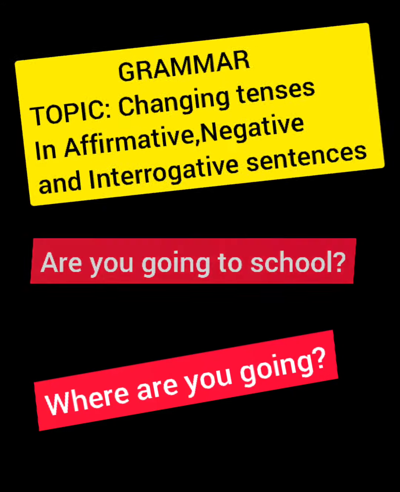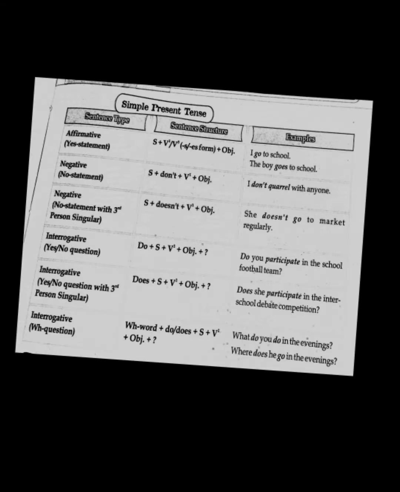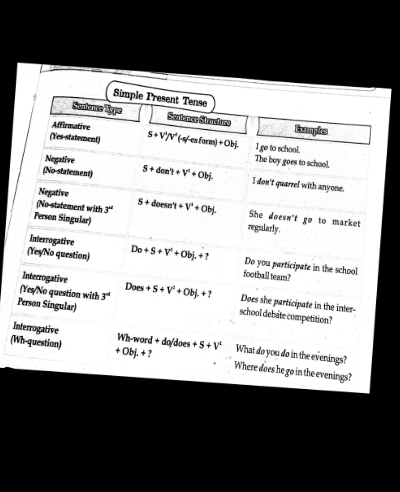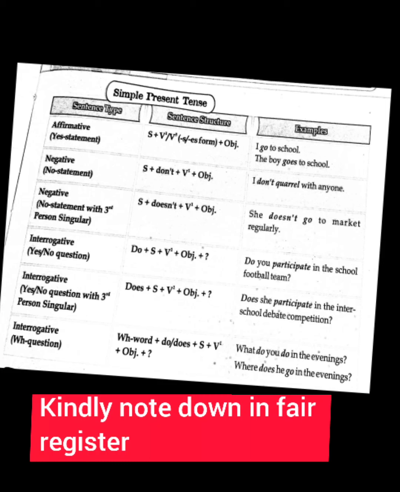So, let's get started. Students, let's begin with simple present tense. So here the sentence type which I am having is affirmative sentence. I hope you all are aware about affirmative sentences. Affirmative sentences means simple statements. Alright. So let's see the sentence structure.